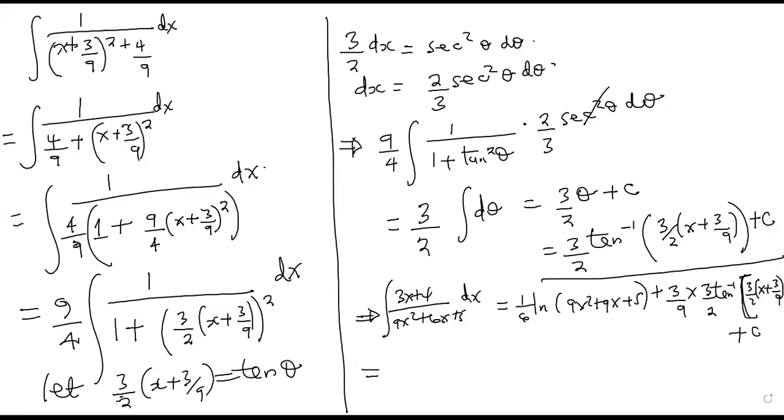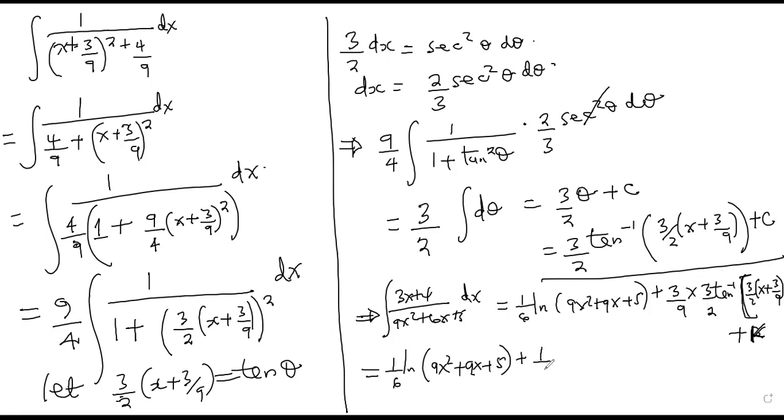Since this one was just a constant, now you can bring in a different constant, because when integrated this one only, you got it as a constant. So now you are merging it with the other, you can bring in maybe another constant like k. So this is going to be 1 over 6 ln 9x squared plus 9x plus 5, then plus this one will cancel, by 3 you'll have 3 over 6, which is a half.